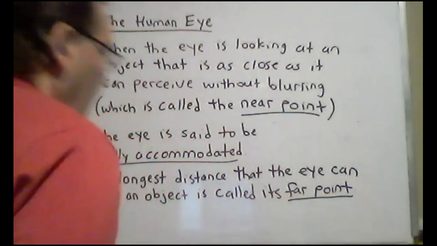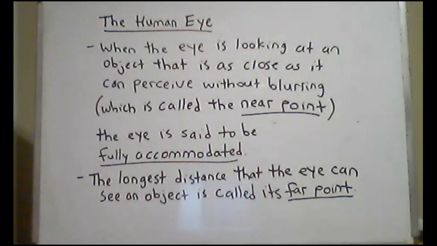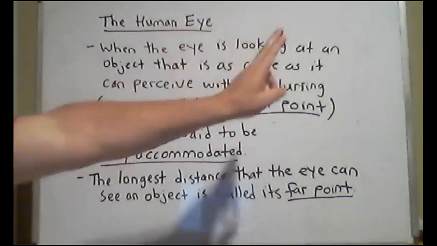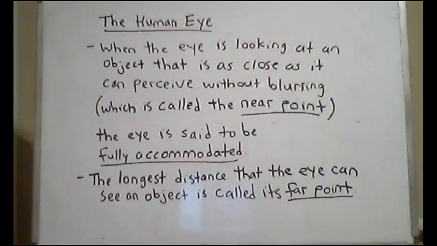All right, near point is the closest object you can perceive without blurring. Far point is the furthest distant object you can see. Your eyes are totally relaxed in looking at an object at the far point. Your eyes are fully accommodated in looking at an object at the near point, and your eyes accommodate in going from something far away to close up. All right, so your eyes do that, and that's just through the process of the ciliary muscle.